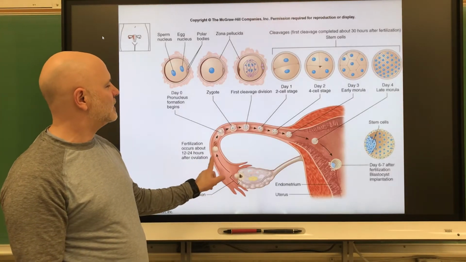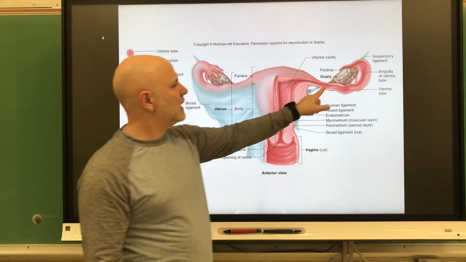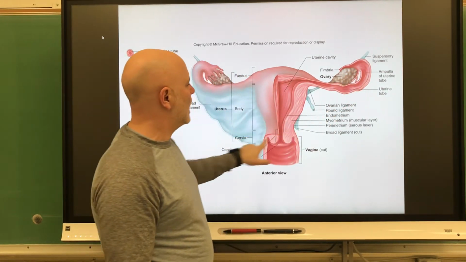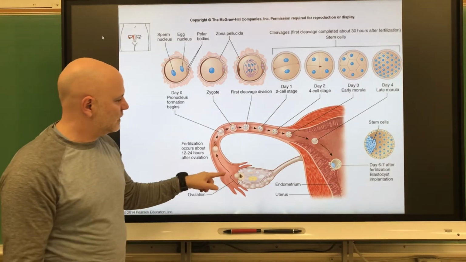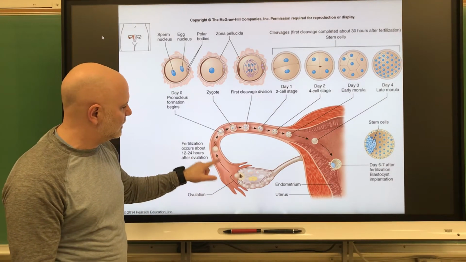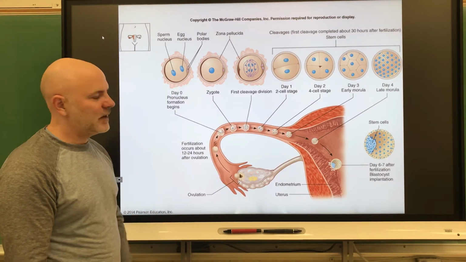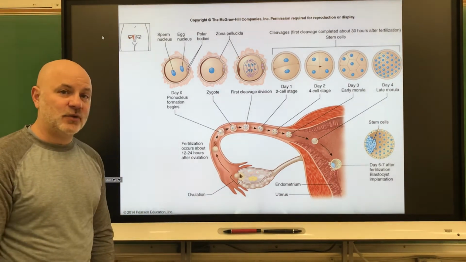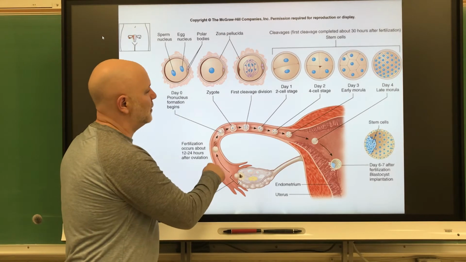So if we go back to this picture, here's an ovary, there's a fallopian tube, right? Here's ovulation, there it's in the fallopian tube. And this is where fertilization will occur, in the fallopian tubes.